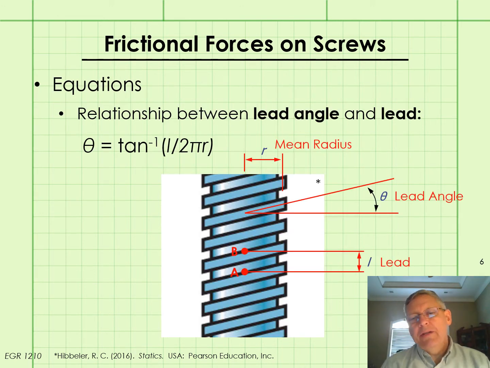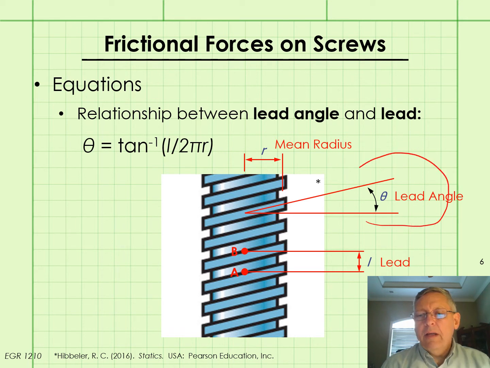Before we look at the equations for the impending motion of a screw, we need to establish the relationship between the lead angle and lead of a screw. The lead angle shown here is the slope of the thread, and we'll call that theta. And the lead is the vertical distance traveled caused by one revolution of the screw.